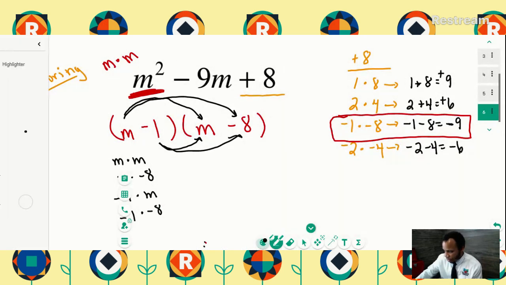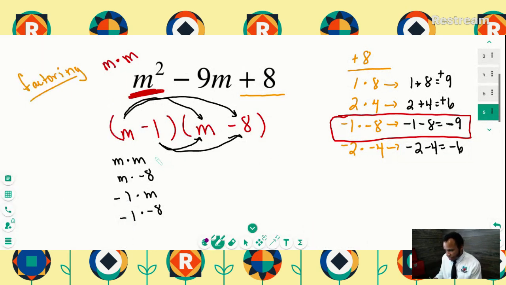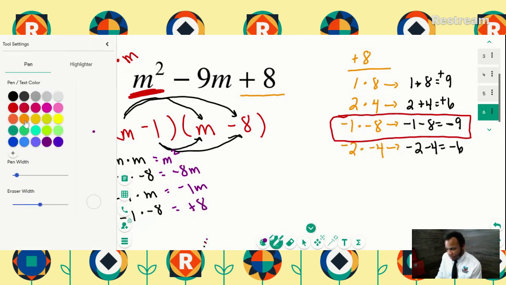So let me pick a different color so all this won't be jumbled up together. So m times m gives you m squared. m times -8 gives you -8m. -1 times m gives you -1m. And -1 times -8 gives you +8. From here, we'll combine like terms.